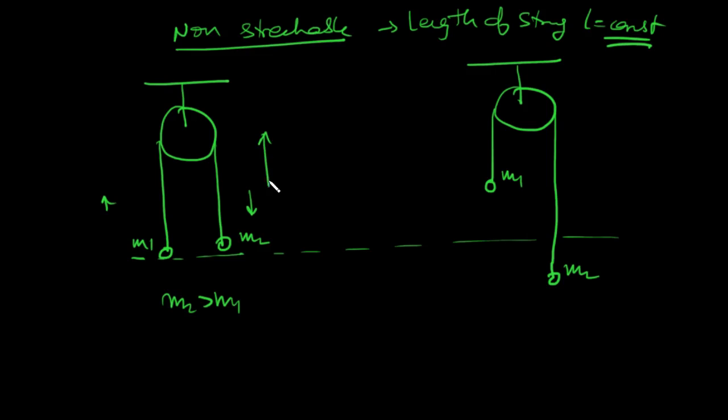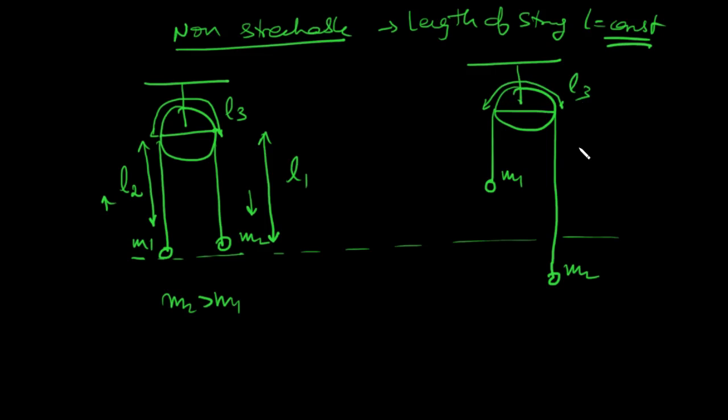Suppose this length was L1, this was L2, and the length of string going over the pulley was L3. This will remain essentially the same because the points of attachment of the string are the same. So even if this goes up, the length of the string going over the pulley would be the same, so this will also be L3.